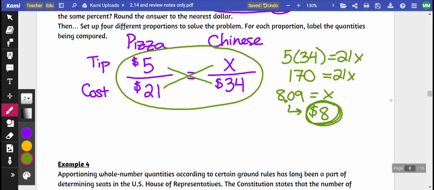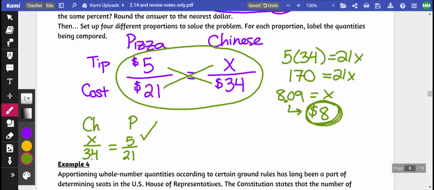Now, if you set this up a little bit differently, let's say that you have your Chinese food and your pizza switched. So maybe you have x over 34 equals 5 over 21. That's okay. That still works because you end up multiplying 21 and x and 5 and 34.